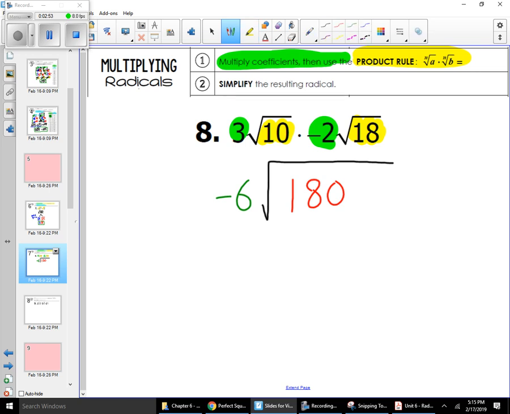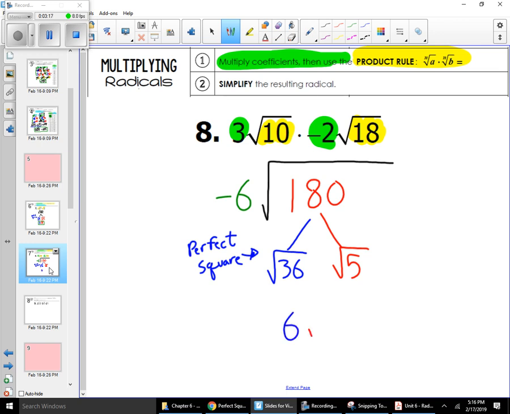So we can take that 180 and break it up into 36 times 5. That'll get us 180. Again, the 36 is the important part. That's our perfect square. That's the one that comes off the cheat sheet. So the square root of 36 is 6.